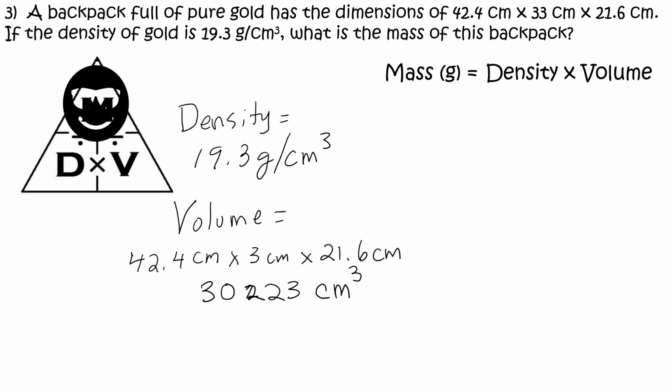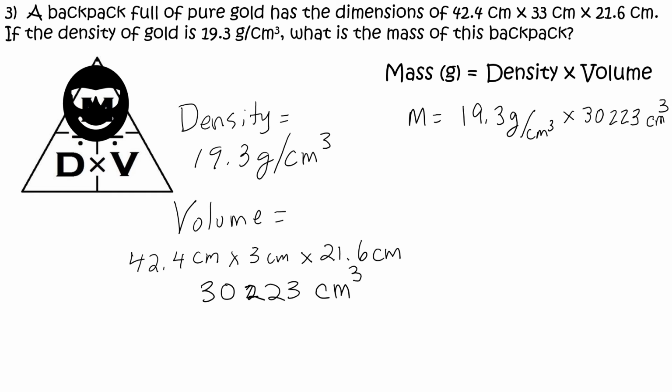All right, so now I'm going to put it in there. I have my density. So mass equals my density, 19.3 grams per centimeter cubed, remember, with units, times my volume, 30,223 centimeters cubed.